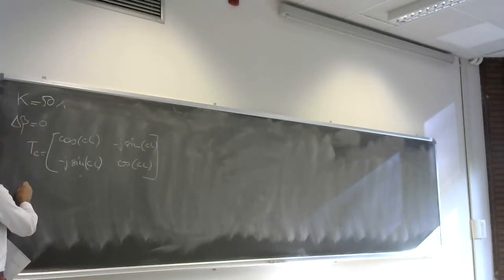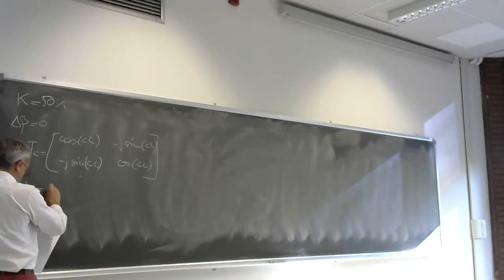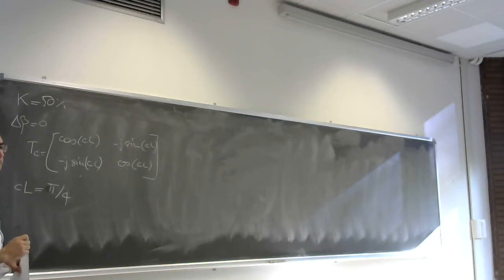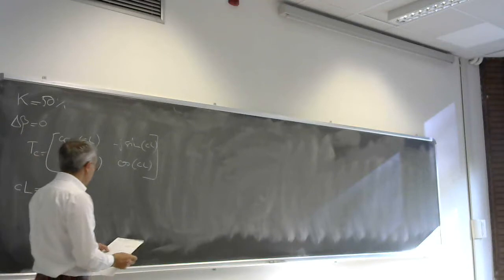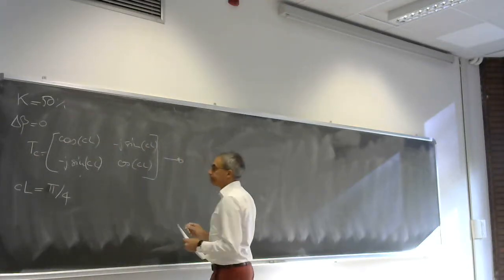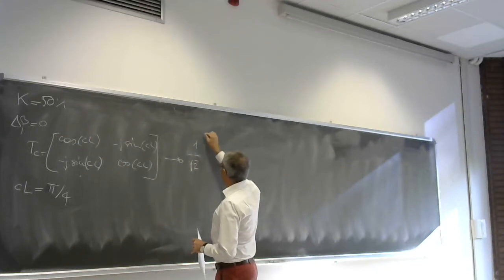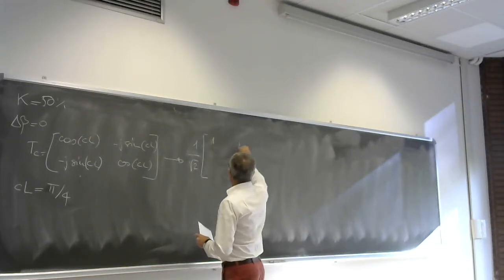So if the product CL is equal to a quarter of pi, the matrix becomes 1 over square root of 2 times 1, minus j, minus j, 1.